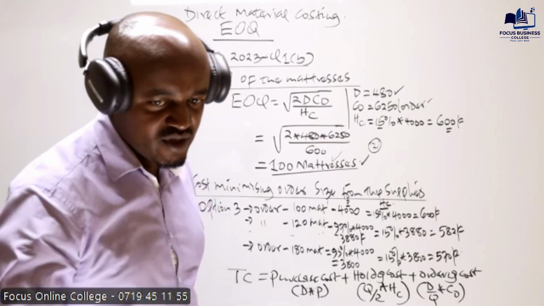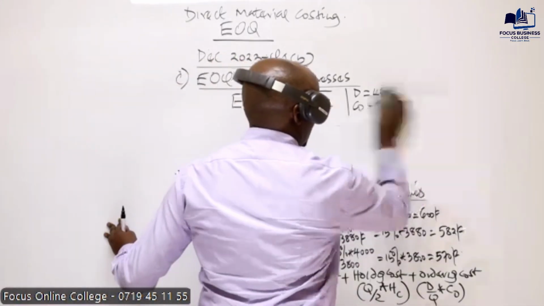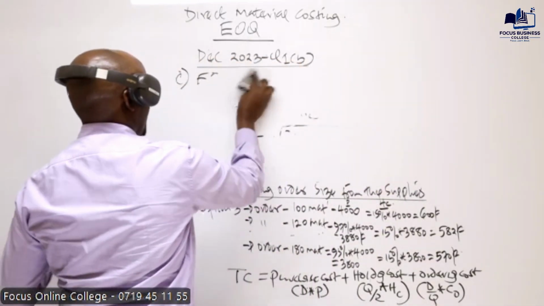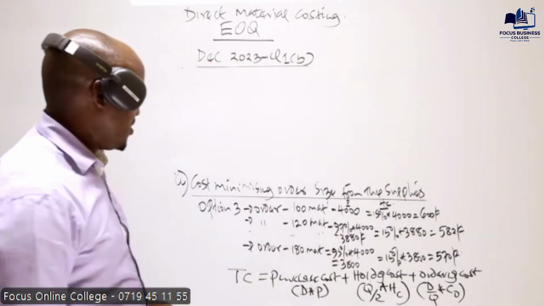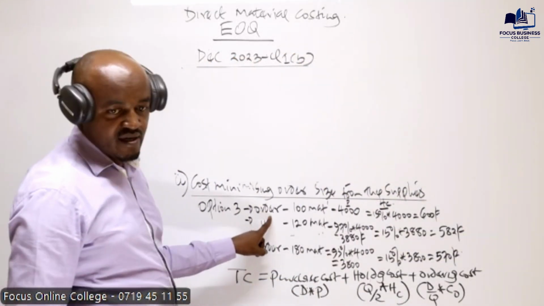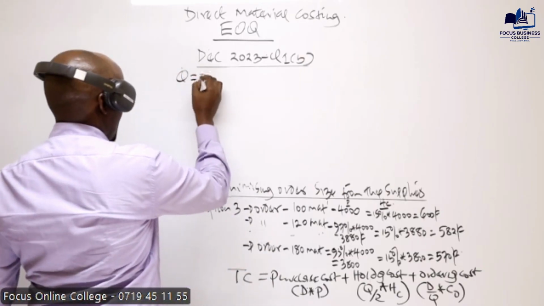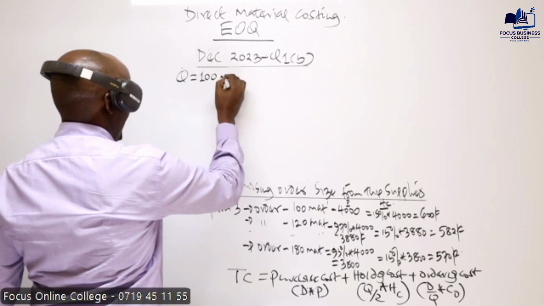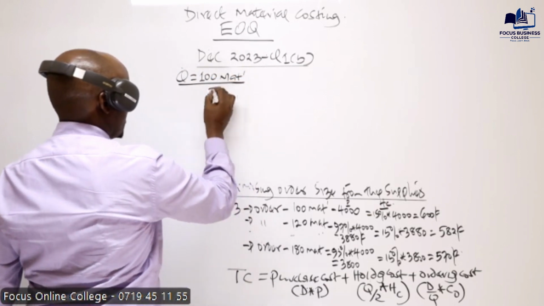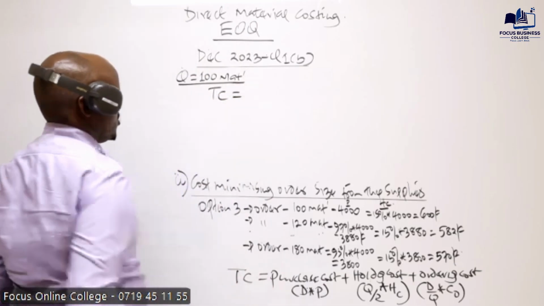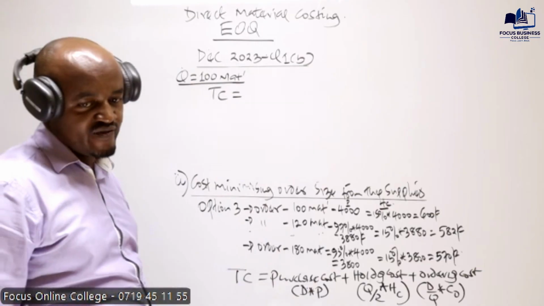So I want us now to compute the total cost associated with each order size. Let's start with the order size where our Q will be 100 mattresses. What you need to note is what will be changing, but our formula is also very important.